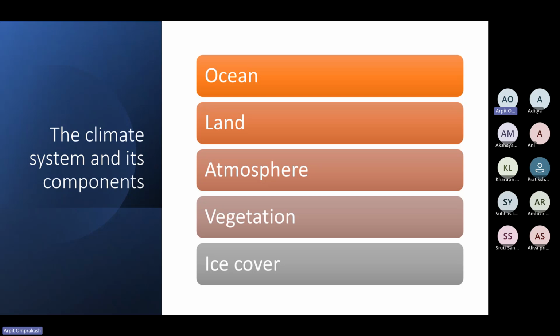So for example, if the area of land is near ocean, it generally has a much more stable climate because the rate of heat absorption of land is higher than the rate of heat absorption of ocean. So at one given time, the ocean is cooler than the land during the day.